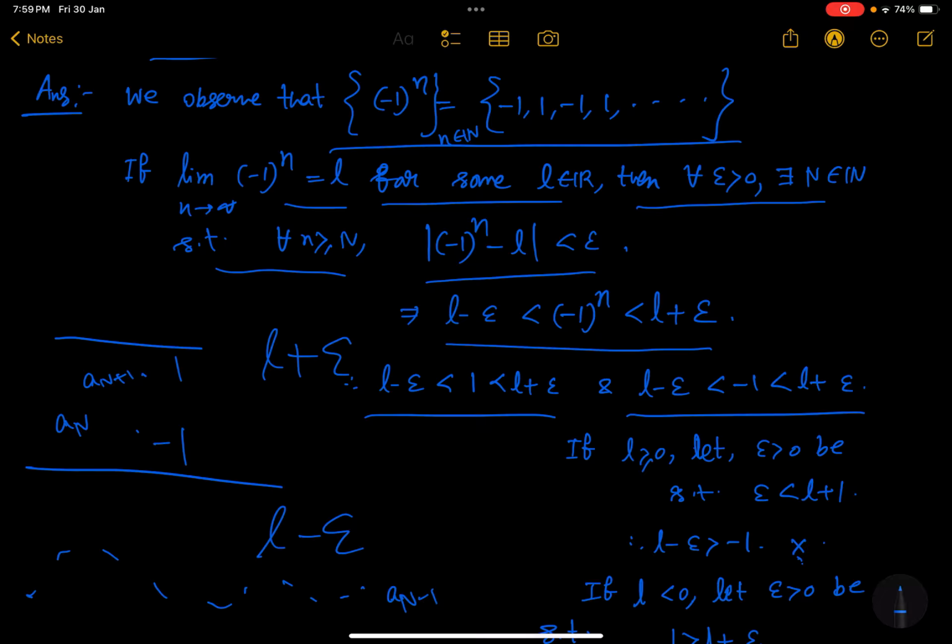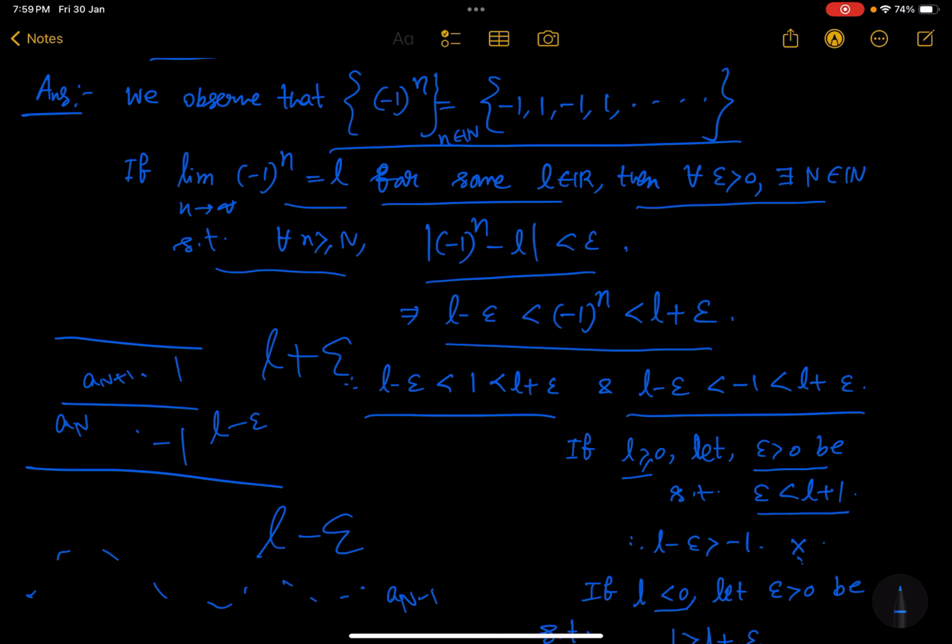Now L can be non-negative, or L can be less than 0. If L is non-negative, let epsilon be positive such that epsilon is less than L plus 1, and this is possible. So basically if L is even 0, then epsilon will be between 0 and 1. In this case we get L minus epsilon is bigger than minus 1.